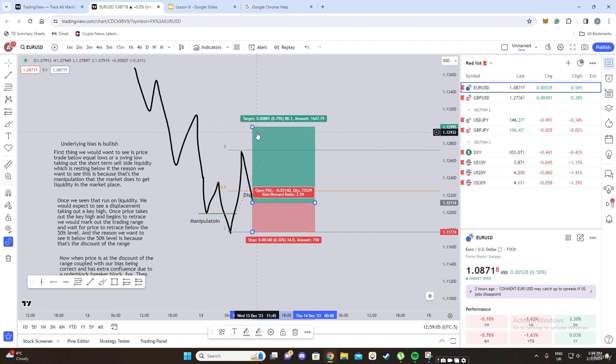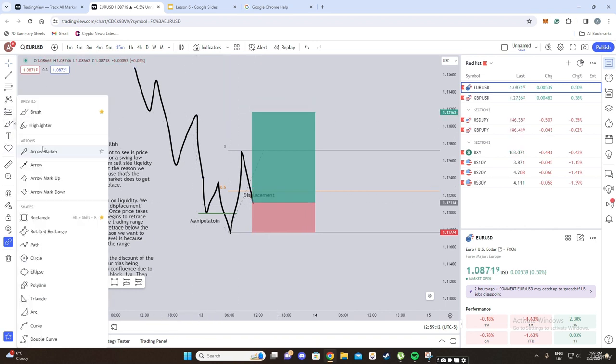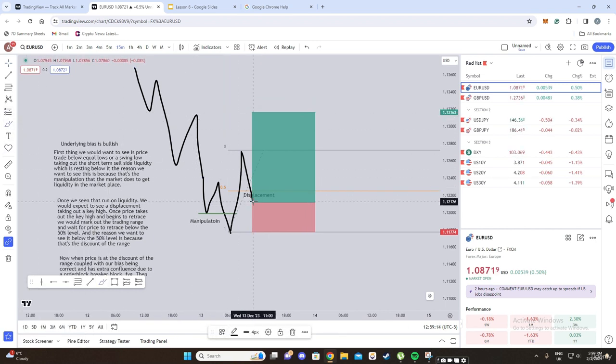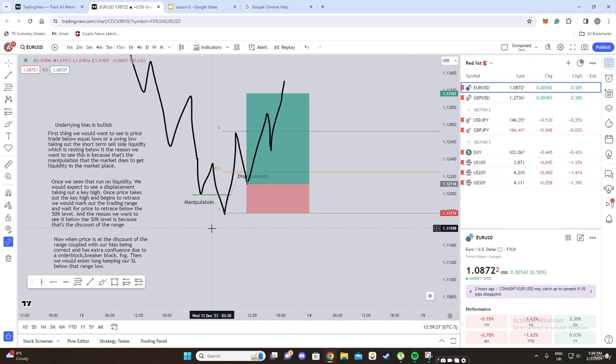You might take a bit off, but your next target would be for price to trade above this high. So it will look something like this. Price will go up over this high, retrace before going up again, taking out this high, and that's where you would close your position. So this is basically the structure of the setup.